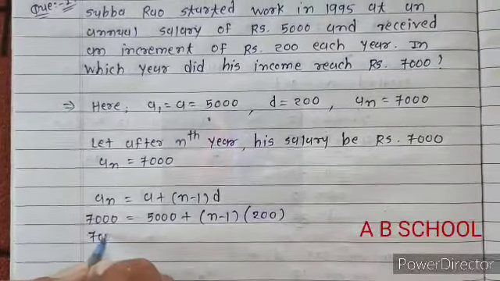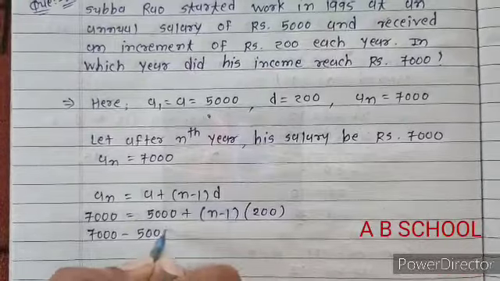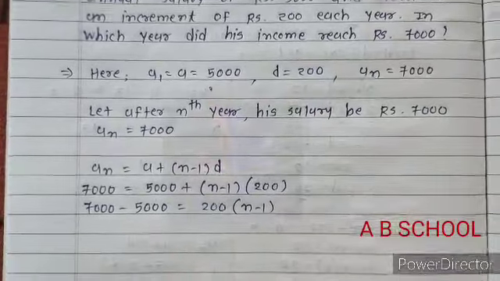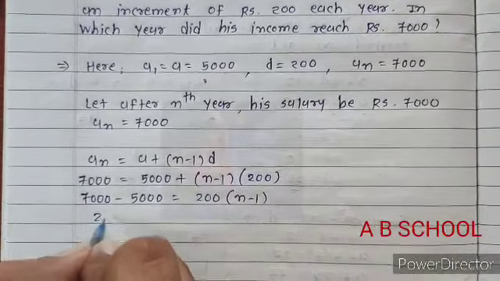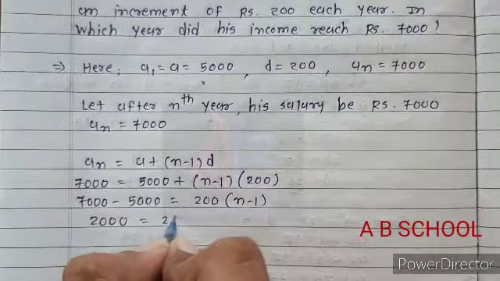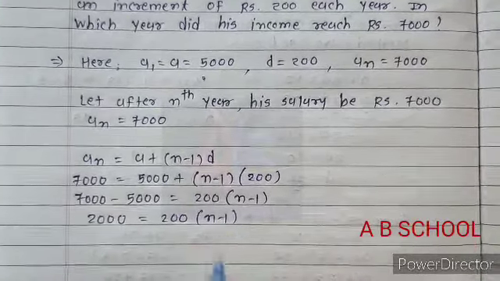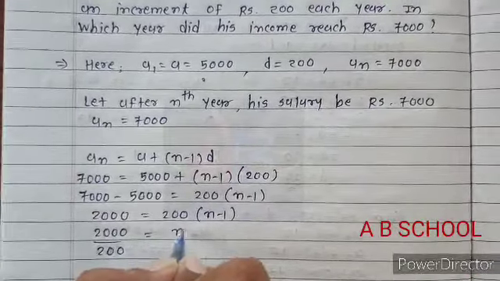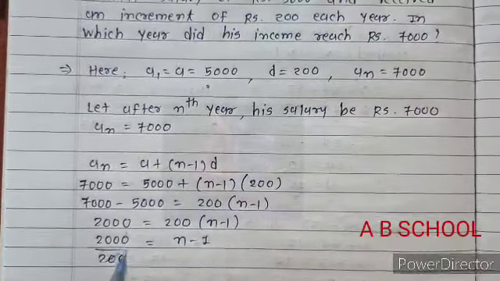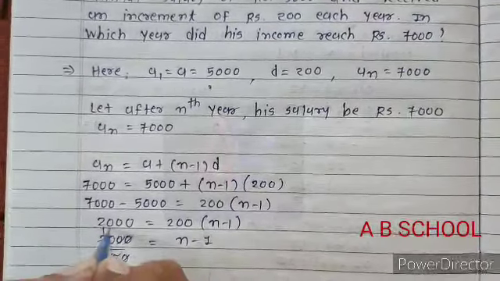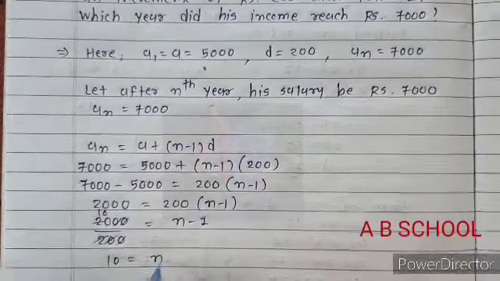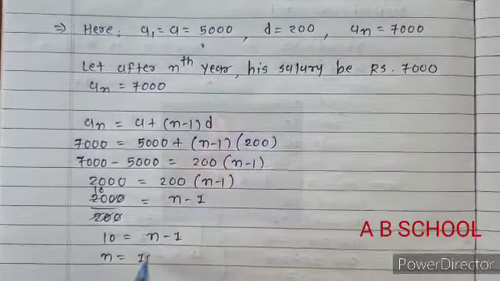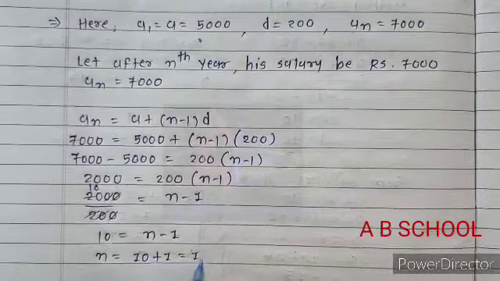Okay, 7,000 minus 5,000 is equal to 200 into n minus 1. 7,000 minus 5,000, 2,000, is equal to 200 into n minus 1. So 2,000 divided by 200 is equal to n minus 1. Zeros cancel. Okay, 10 2s are 20. So 10 is equal to n minus 1. So the value of n is equal to 10 plus 1, which is 11.